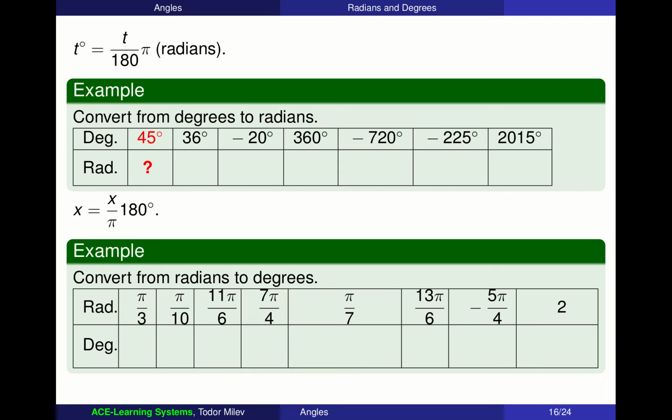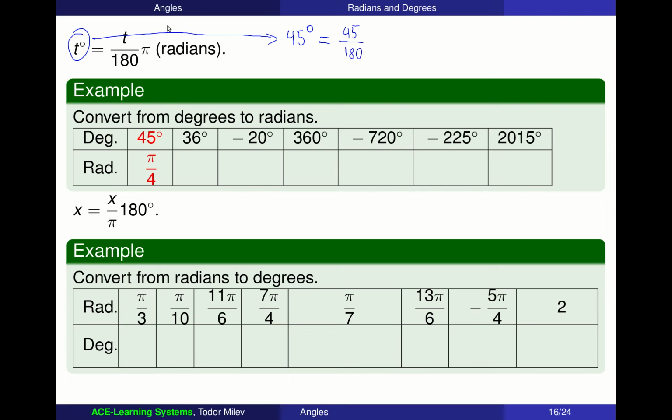45 degrees. How many radians are 45 degrees? Sure you guessed it correctly. Pi over 4 radians. So, in order to go from 45 degrees to radians, I need to use this formula. 45 degrees is the same thing as the number 45 without the circle, divided by the number 180.